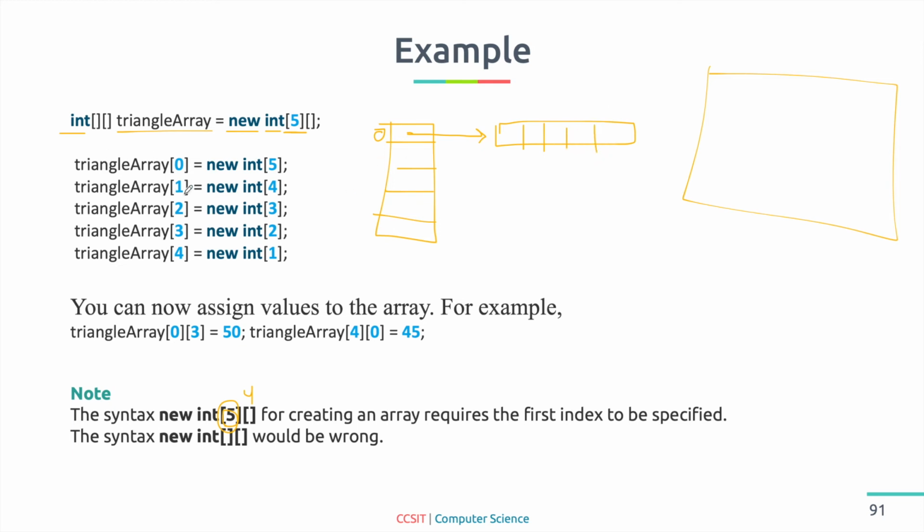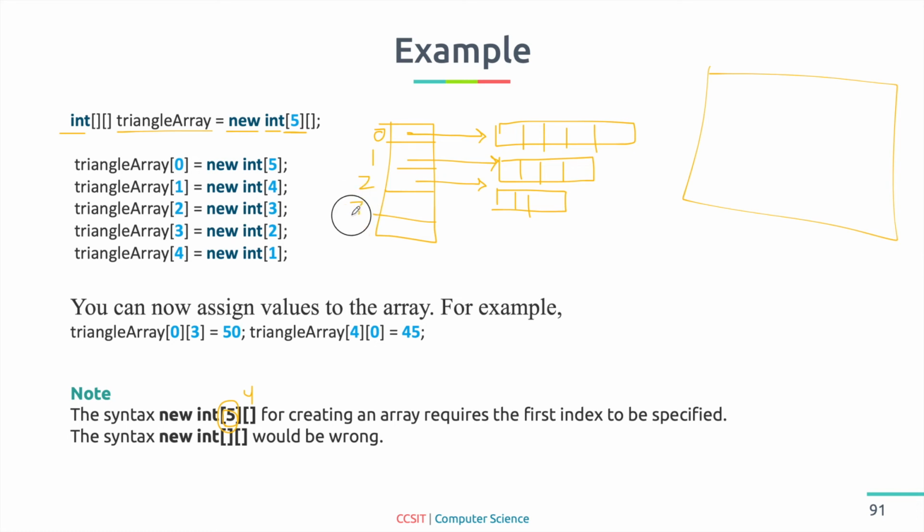And then the triangle array at index 1 will hold a reference to a singular array, or a 1-dimensional array, that has a size of 4. And then the triangle array at index 2 will reference a single-dimensional array of size 3.